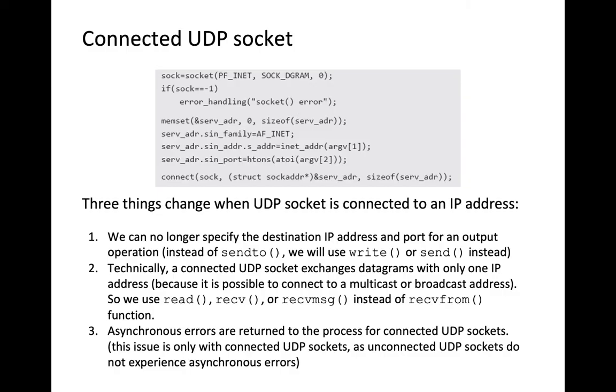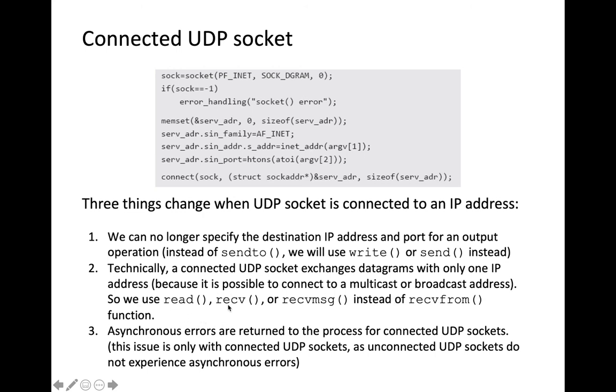So far we were talking about the connectionless UDP socket, but it's also possible to have a connected UDP socket. For the connected UDP socket, you don't have to specify the destination IP address. At that time, when you are using connected, you don't have to use sendto or recvfrom.